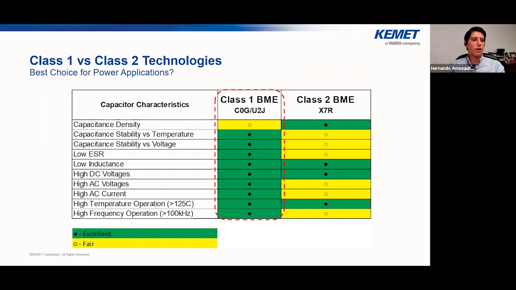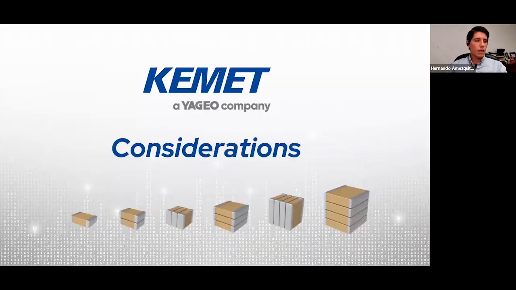This doesn't mean that you cannot use class 2 in some of these applications if that works, but you will sacrifice some of the characteristics that we have previously mentioned, like the capacitance stability, for example.